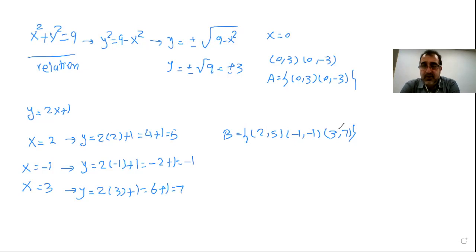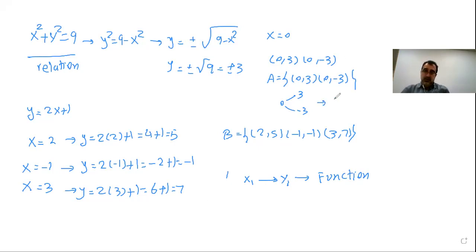As we can see from here, for the set B, one x value corresponds to one y value. We call this a function. But in case of A, one x value, 0, corresponds to two y values. 0 corresponds to 3 and 0 corresponds to -3.